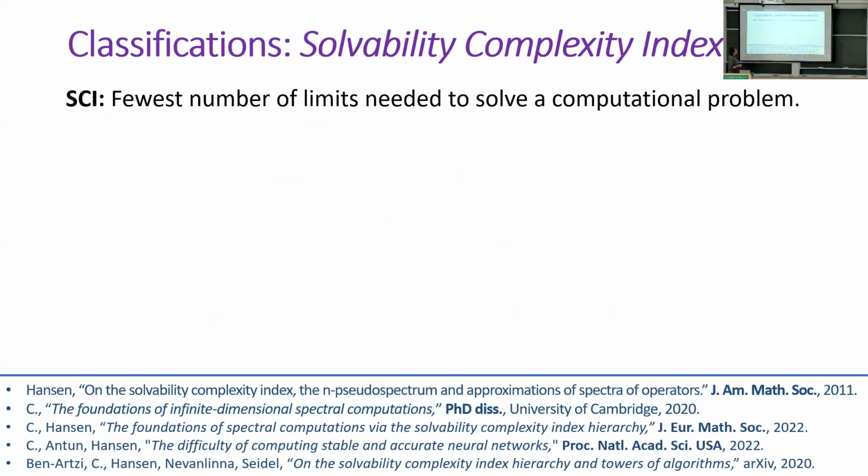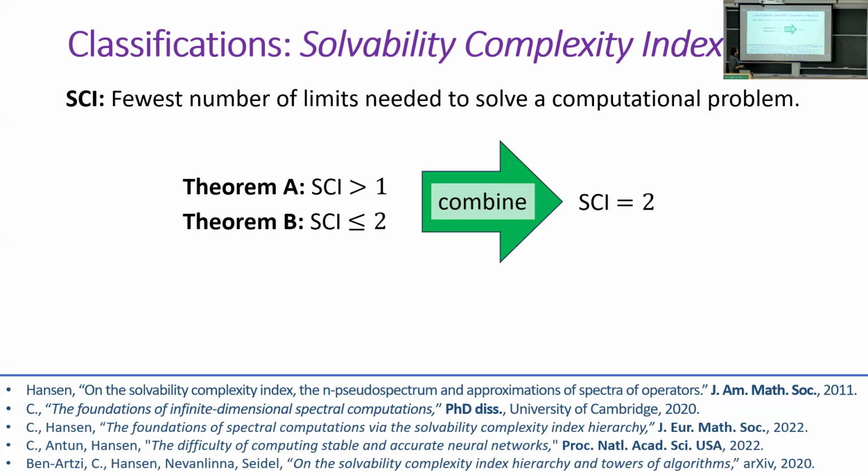So this is where the solvability complexity index comes in, or SCI. This is simply the fewest number of limits needed to solve a problem. So for example, we blasted through two theorems. Theorem A, this impossibility result, was telling us that we can't do it in one limit. So the SCI is strictly greater than 1.